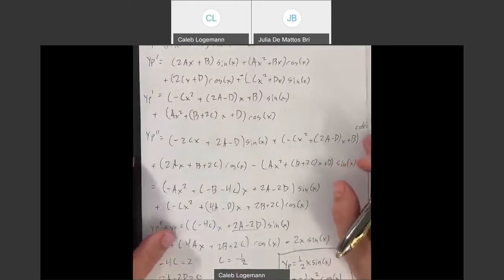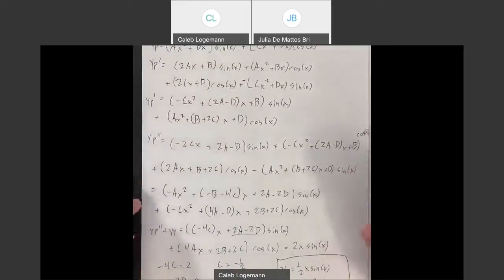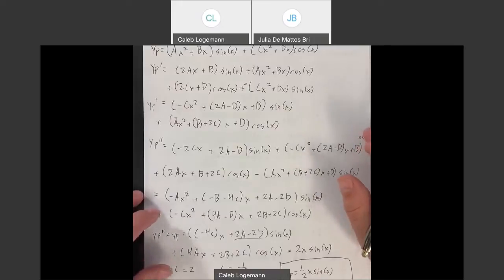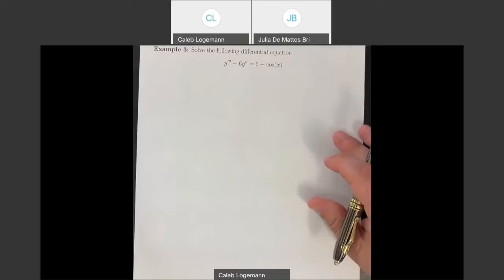But in practice, you could use some sort of calculator. If you wanted to use your computer to do some of this calculus and solving the equations for you, that would be fine to try out on your own. Okay, but you should also be at least pretty comfortable doing these computations as well. All right.